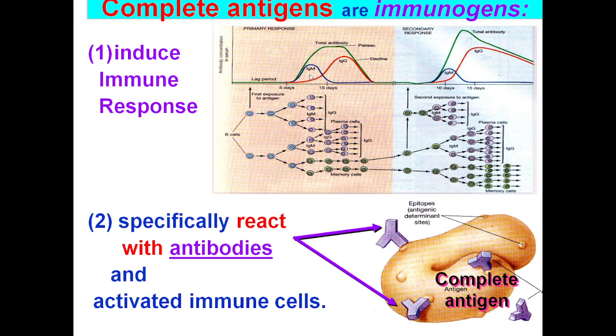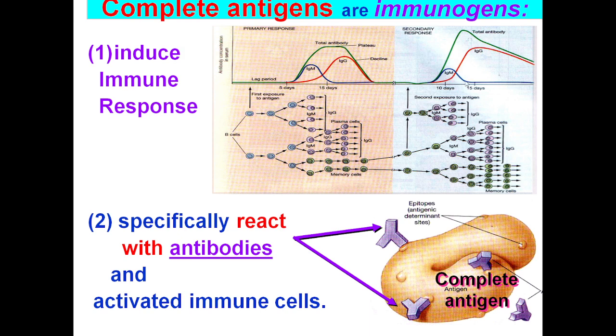Immunoglobulin M in the secondary immune response is secreted during the beginning of the immunizing process, and the concentration of immunoglobulin M increases to the same levels. This means we don't see an increase in immunoglobulin M synthesis in the secondary immune response.